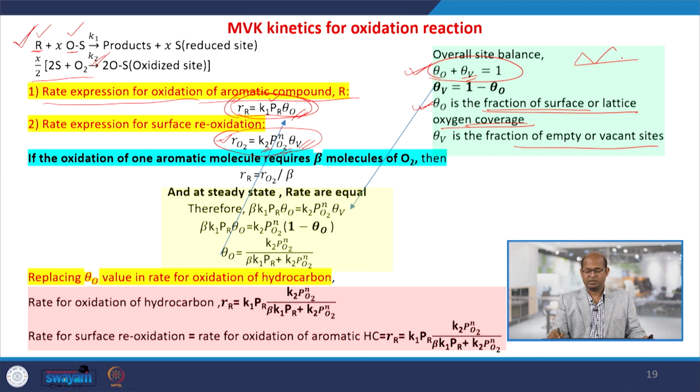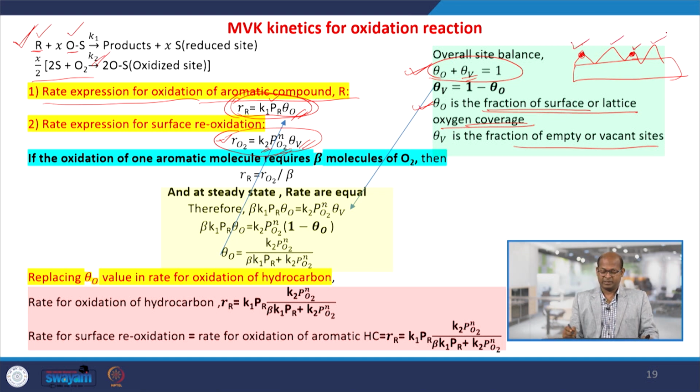Here you can see the catalyst where oxygen is present, and here oxygen is not present, so these are empty or vacant sites. So total sites equals this plus this, all sites being the fractional coverage of lattice oxygen and vacancy.